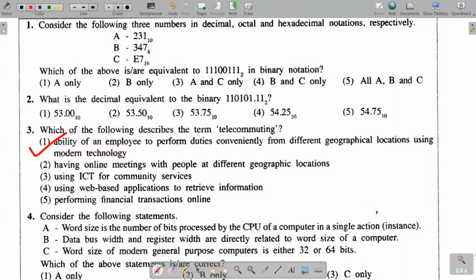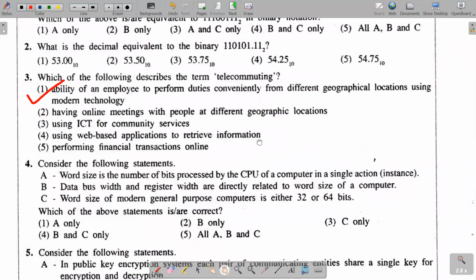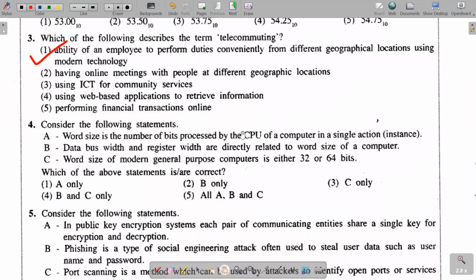And the next one that you have asked, yeah, the fourth. It says, consider the following statements. A: word size is the number of bits processed by the CPU of a computer in a single action. Yes, that can be taken as correct.